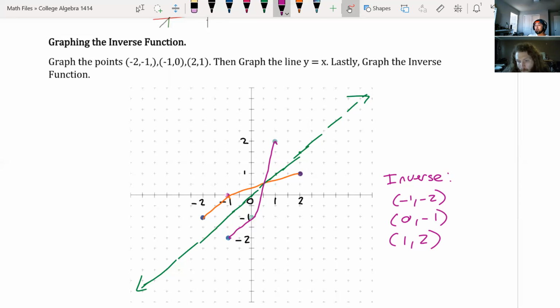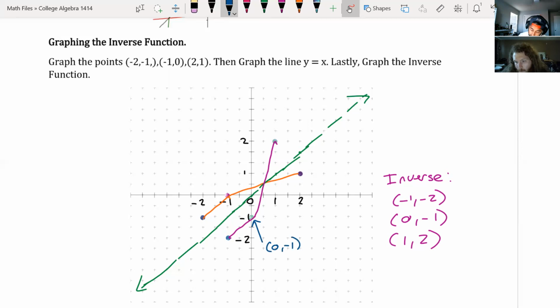Now, my graph may not look like it, but yours may. Do these look symmetric across the line y equals x? Yes. Good. My points are reflected here. This is 0, -1.